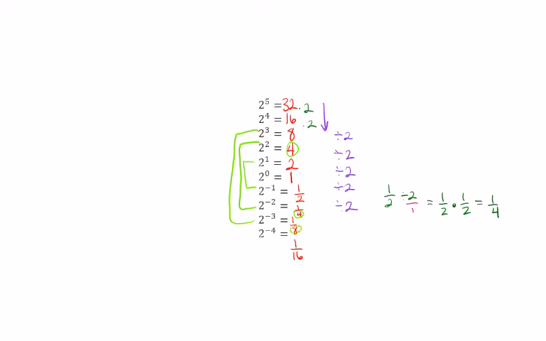So 1 over 8, well, this was 8, and so forth and so on, right? Okay, and so what do you think 2 to the negative fifth would be? It'd be 1 over 2 to the fifth, right? And we saw 2 to the fifth earlier is 32, so it'd be 1 over 32.